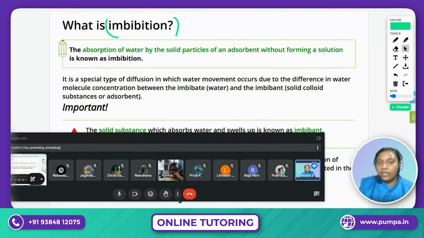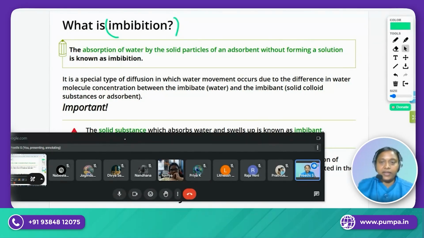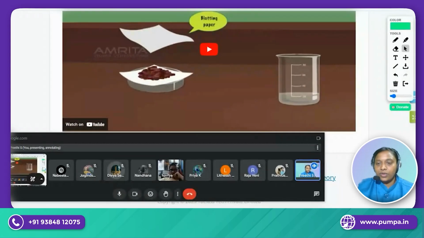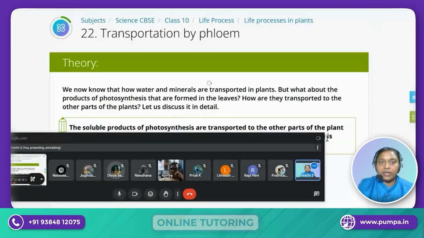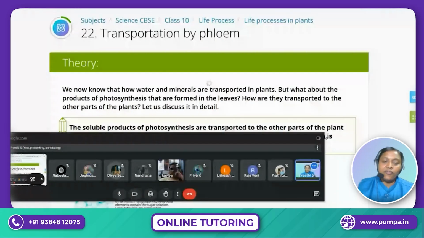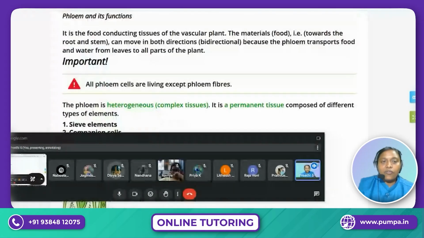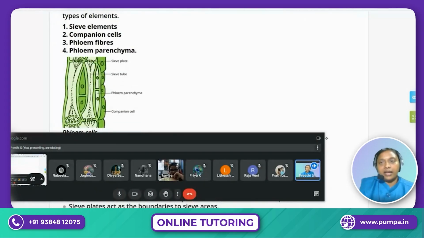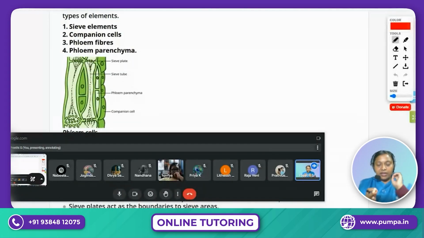So clear about the imbibition term, everyone? Yes, ma'am. Okay, next to it, it is about the phloem. Phloem is bidirectional. In xylem, are living cells abundant or dead cells abundant? Which one will be abundant?